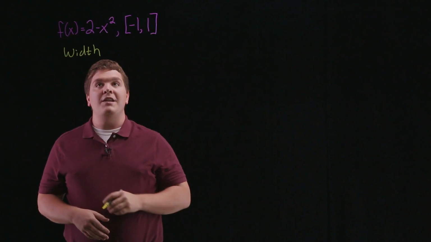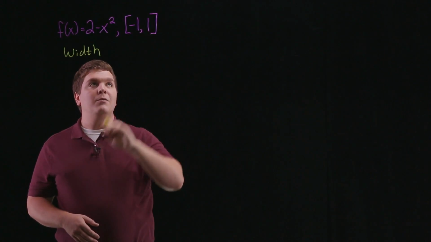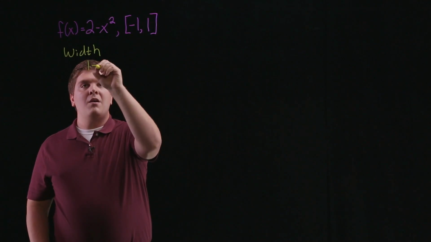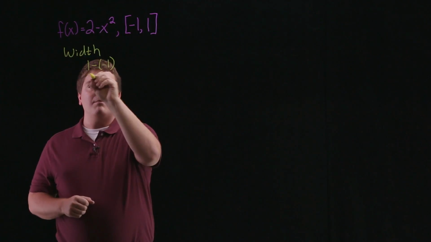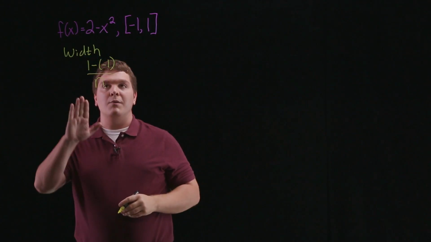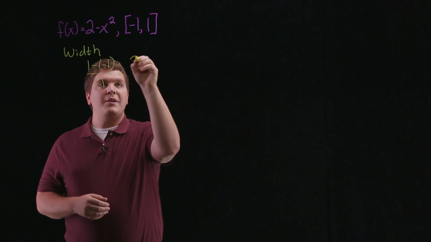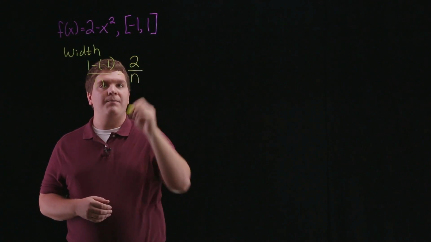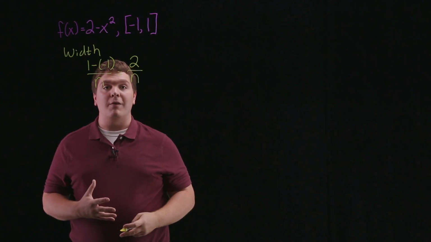So the width of each of our rectangles is going to be given by the length of this interval, which is 1 minus -1, divided by n. So the width of each of our rectangles is going to be 2 divided by n.